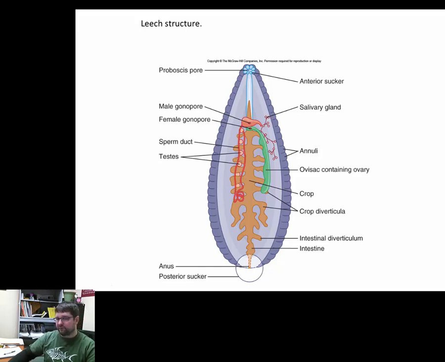If it's outside of the reproductive season, the clitellum region is absent. And that's important because that's what links leeches and oligochaetes, Hirudinea and oligochaetes, into the Clitellata. But as most students will note, when you look at a leech, you're probably not going to see the clitellum.